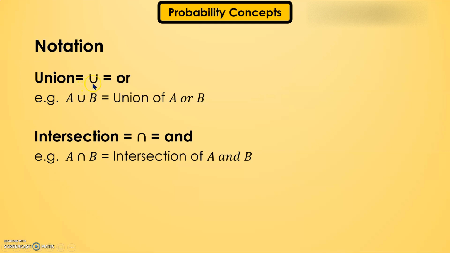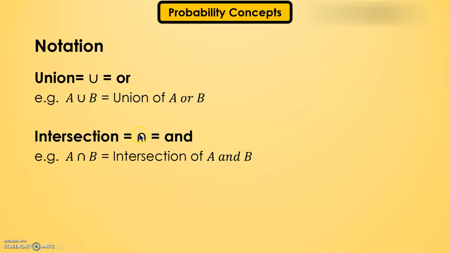Union is where we have this U-looking symbol, and basically this is the union of A and B, or another way of thinking of it is using the word or.